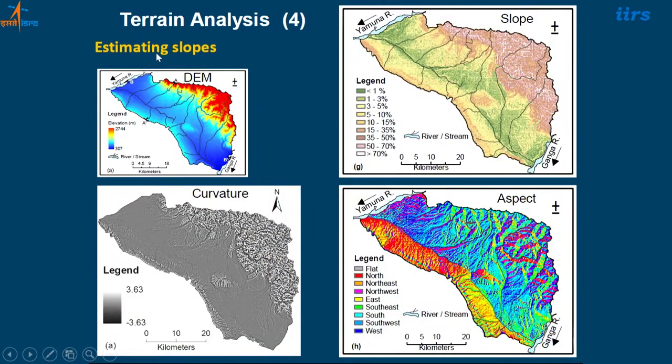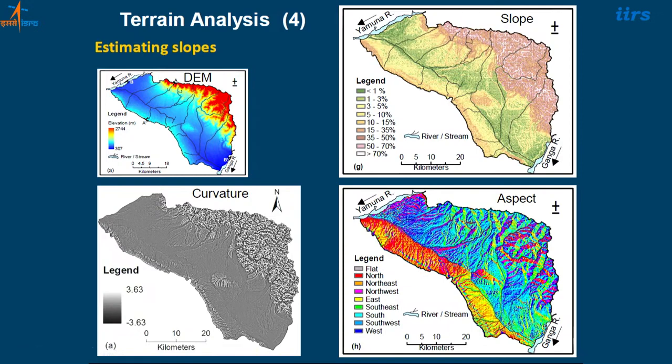Estimating the slope is shown over here. This is your DEM, and this is the slope map created from the DEM. Similarly, the aspect map shows the direction of the slope. These are very useful in different kinds of applications. For example, in a hilly region, if I want to grow a particular crop, it can grow only in a certain aspect of the slope and will not grow in another aspect.